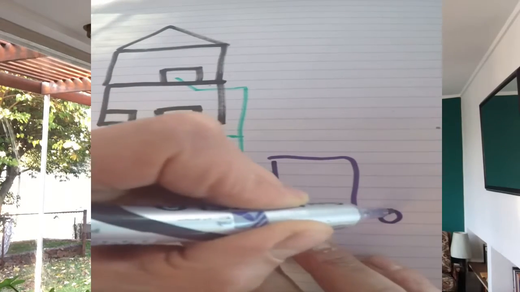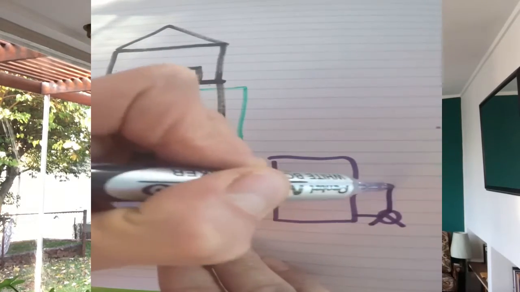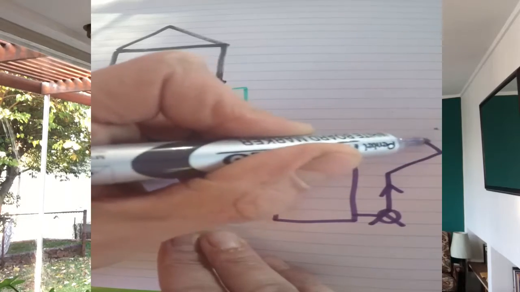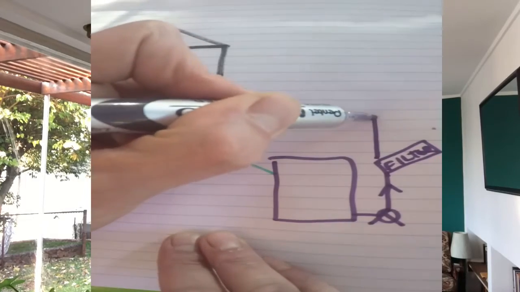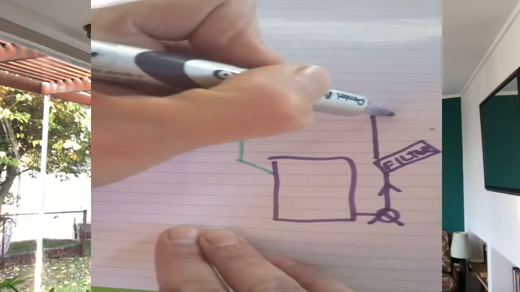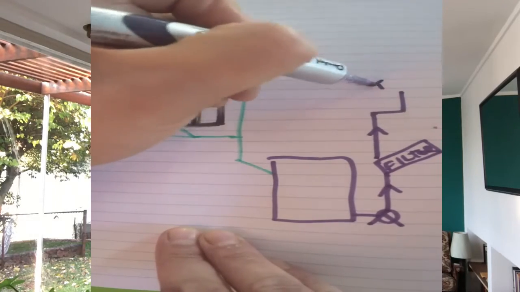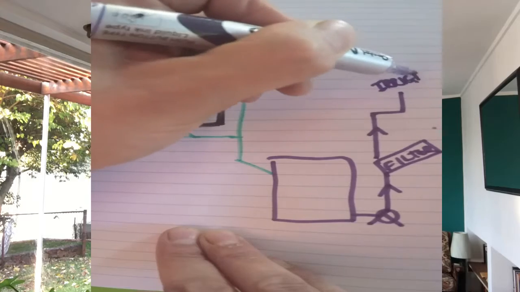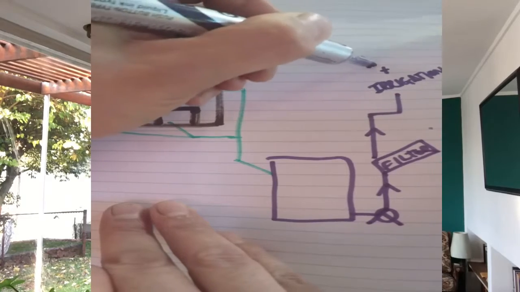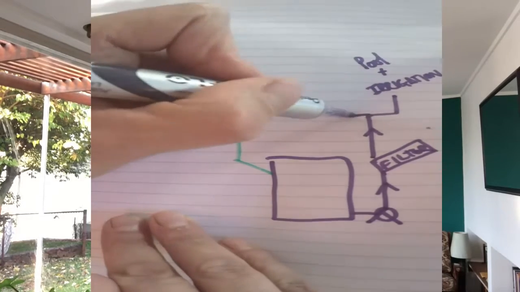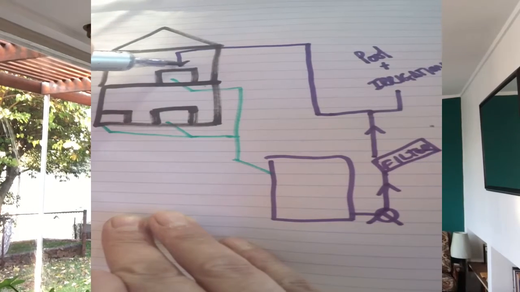and on the outlet of that tank we have a pump. We also have a filter. And from that filter we send it to irrigation, or the pool, or back to the house.